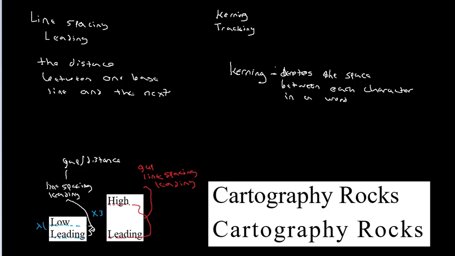And what we're measuring, again, kind of like we did with line spacing and leading, is the distance between one letter and the next. So I'm going to try my best to draw a straight line here. This distance right here, that's very poorly drawn, but that distance, that's the kerning.